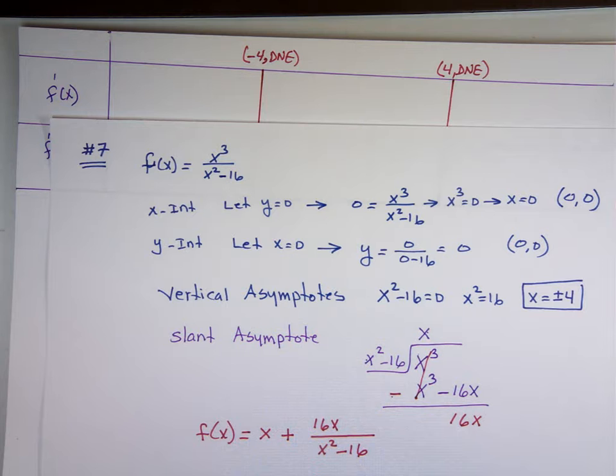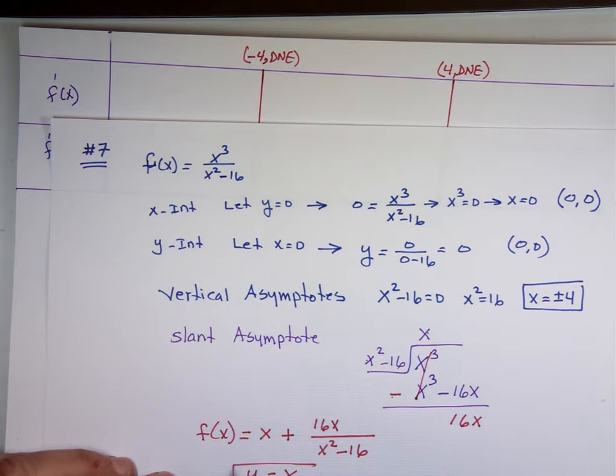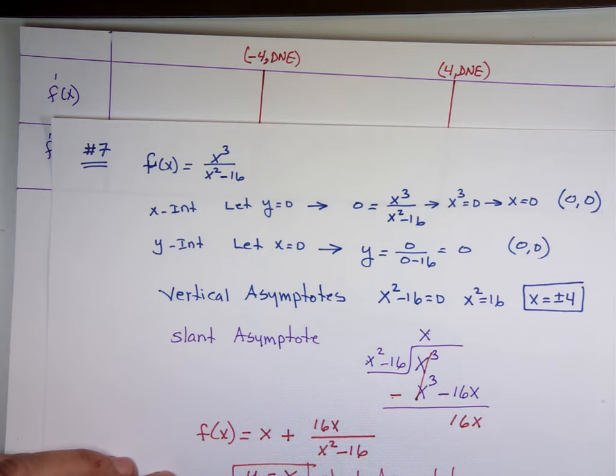You got to subtract this from that. So minus a minus 16 will make it a plus 16. So my slant asymptote now, y equals x. That's my slant. It is wherever the quotient is.